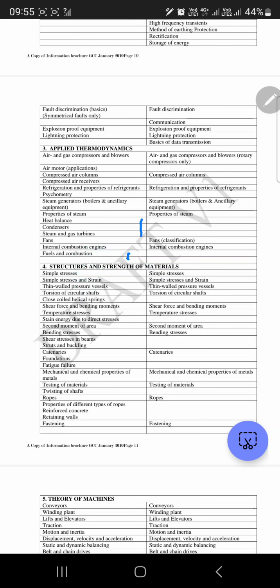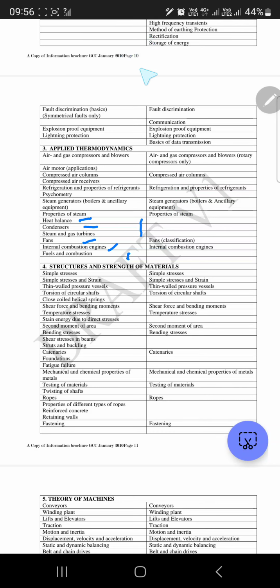But I'll also be doing videos for the heat balance, the condenser, and the steam turbine. We're also going to do the fans and the internal combustion engine. Most of these videos I'll be posting soon. And you can check electrical also; they have just a few topics to concentrate on in thermodynamics.